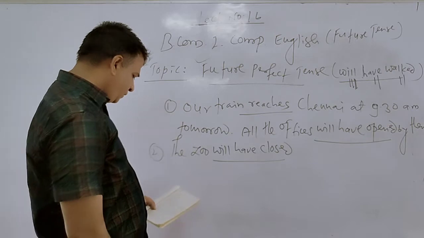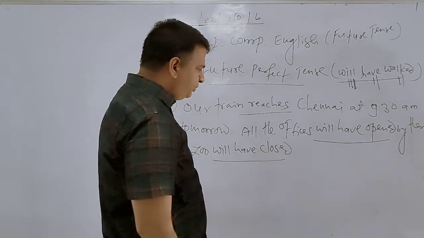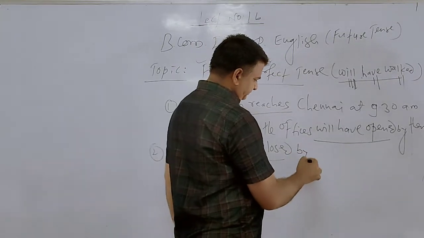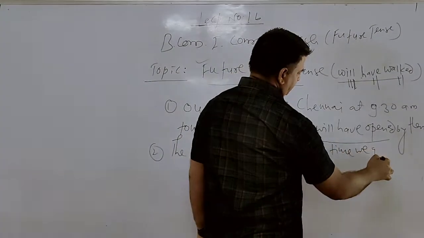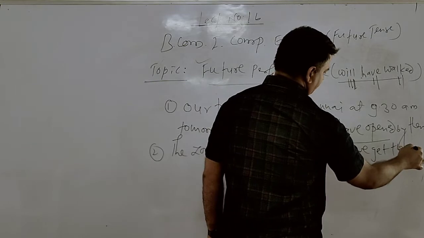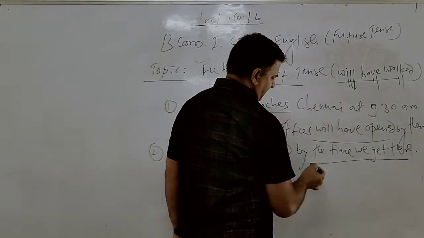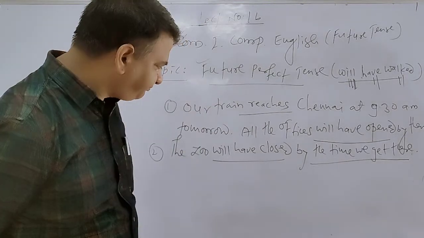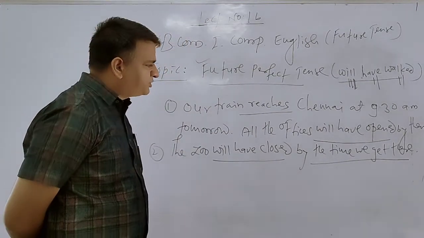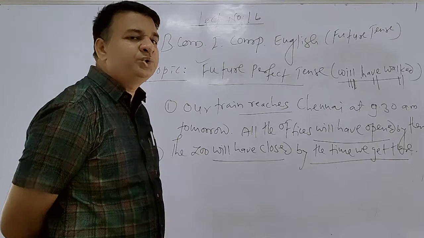The zoo will have closed by the time we get there. By the time we get there or go there. This is again simple present. Suppose the zoo will have closed by the time we get there or go there.